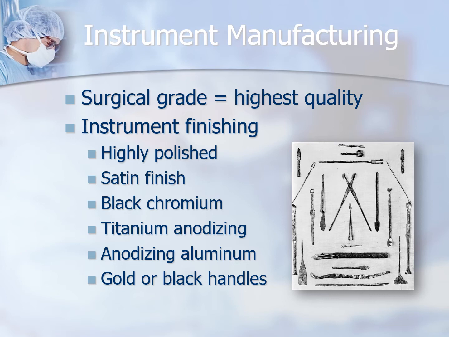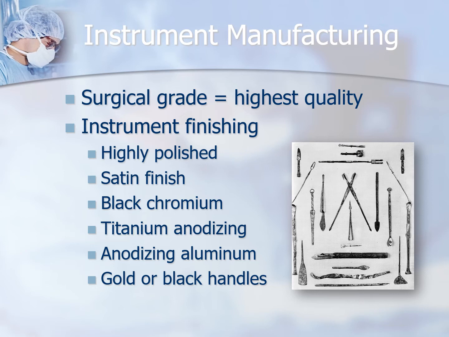And then there are some instruments that you guys have already noticed that have the gold handles or the black handles. And that gold or black handle signifies that the jaw of the instrument or the cutting edge of the instrument, the blade, is actually tungsten carbide, all right?